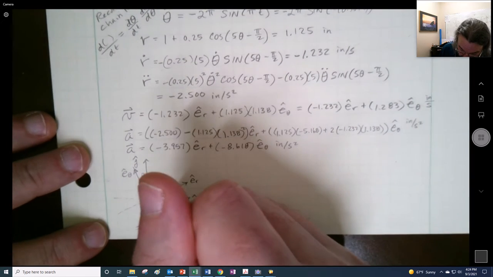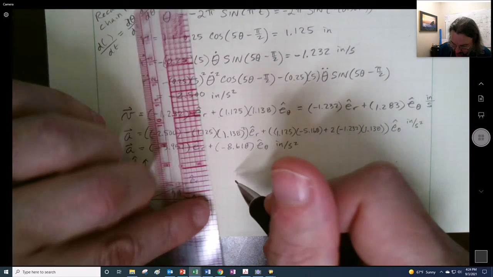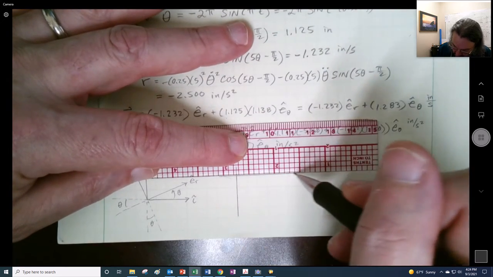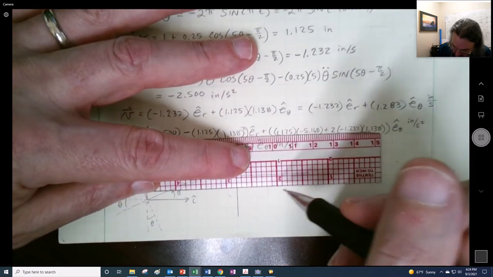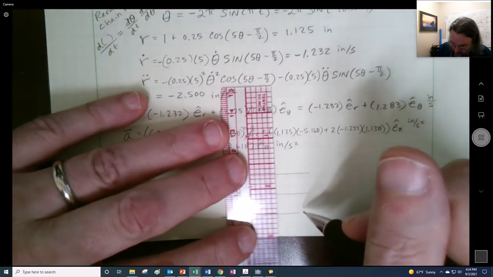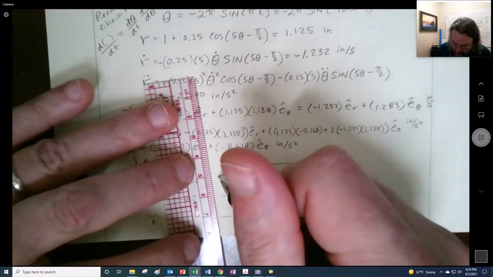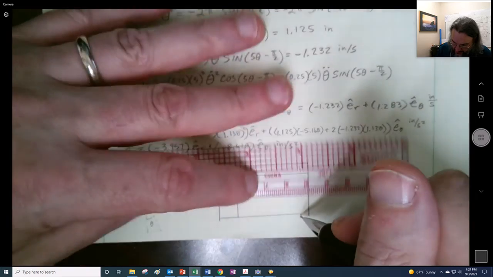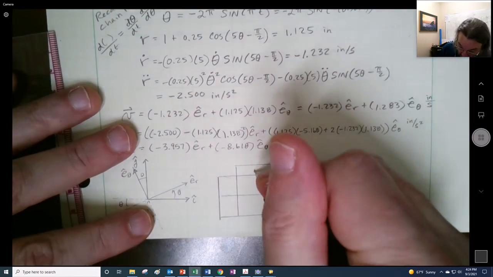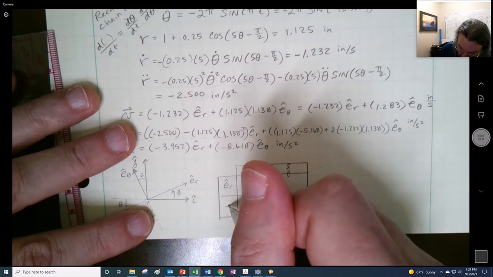Anyway, the coordinate transformation array looks like something like that, and then here's somewhere in the middle. Okay, and there's our I and J, and here's our ER and E theta.